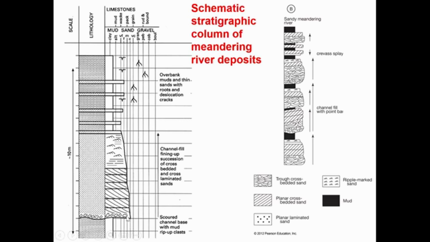Within this column, you need to use patterns to show the stratigraphic structures, such as planar crossbeds, ripples, and laminations.